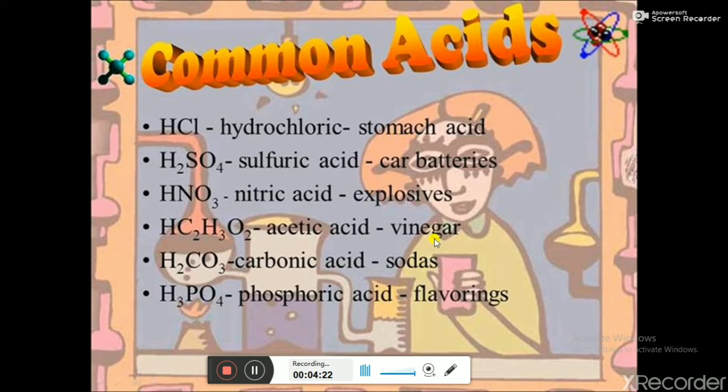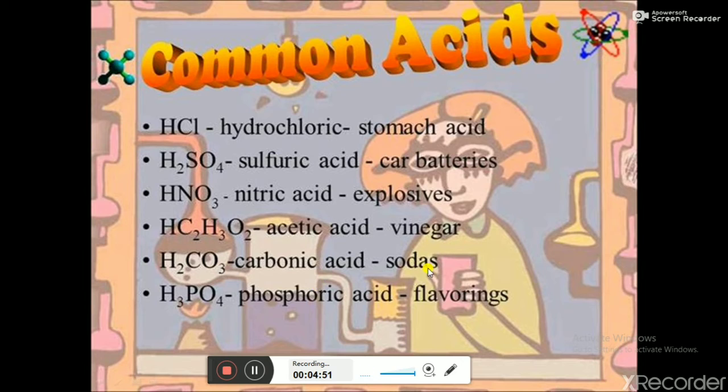Now the vinegar which we use in our kitchen, or you all must be very fond of noodles or chow mein as well. And in chow mein we usually use vinegar. Vinegar is actually an acid called acetic acid. Now the formula of this acid is CH3COOH.